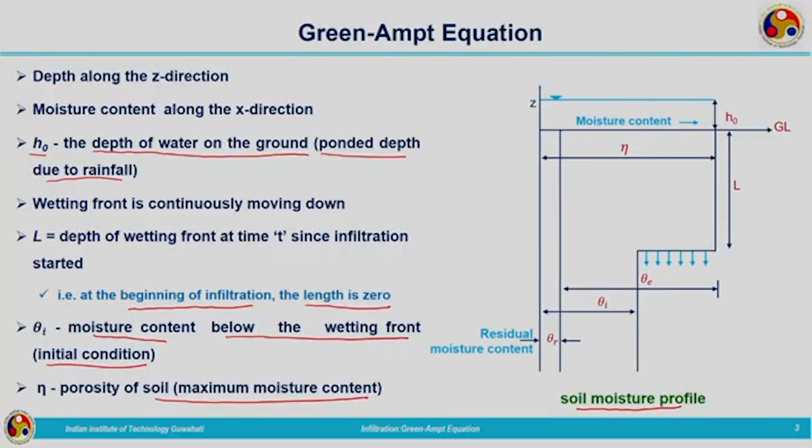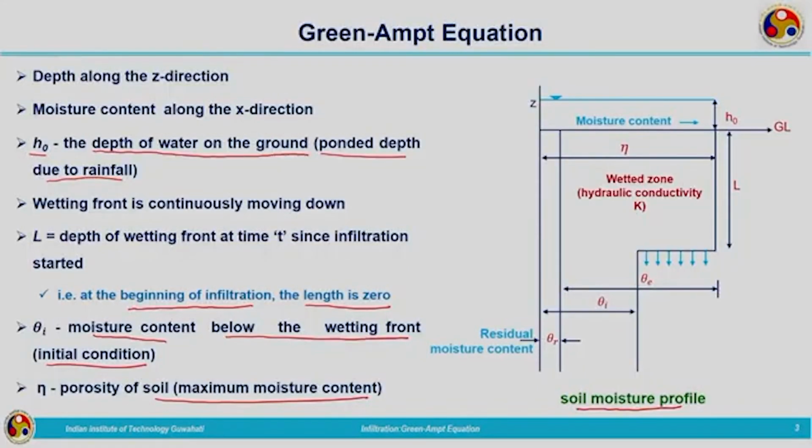If you are drying the soil, beyond a certain point we cannot dry it under ambient conditions, and some amount of moisture will remain in the soil as residual moisture content. This theta r is already there in the soil.